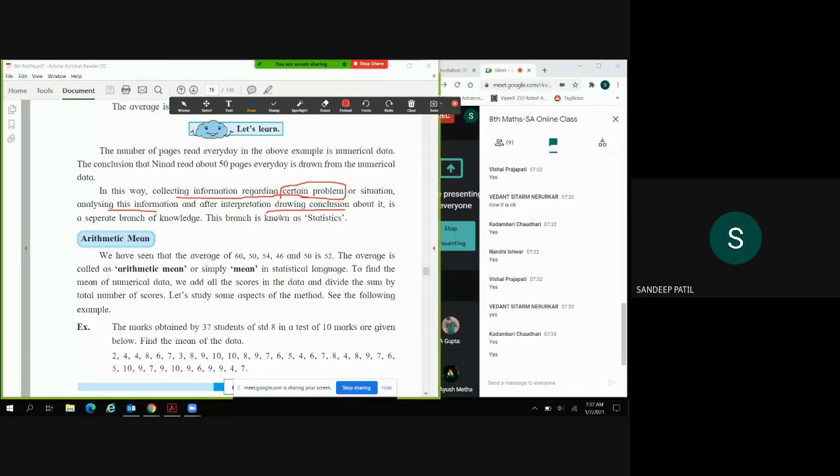So whatever problem you can think of, you can write in the chat box. You have to see how data can be obtained related to any problem. So can you write any such problems in the chat box? Any problem, whatever you can think of.